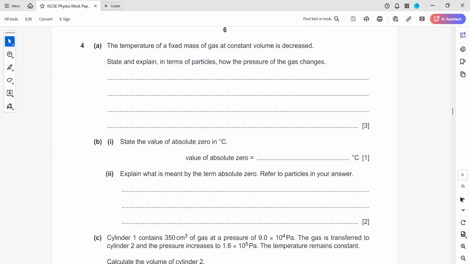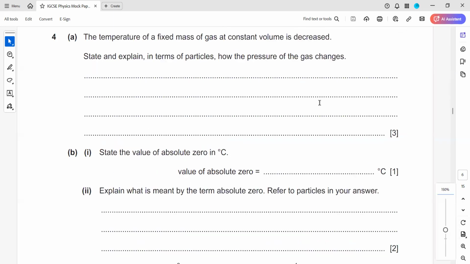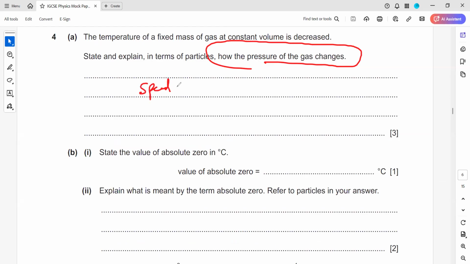In question 4, the temperature for a fixed mass of a gas at a constant volume decreased. Explain in terms of the particles how the pressure of the gas changes. So the temperature of a fixed mass of a gas, which is at a constant volume, decreases. If you decrease the temperature, what will happen to the speed or kinetic energy? The speed or kinetic energy will decrease.